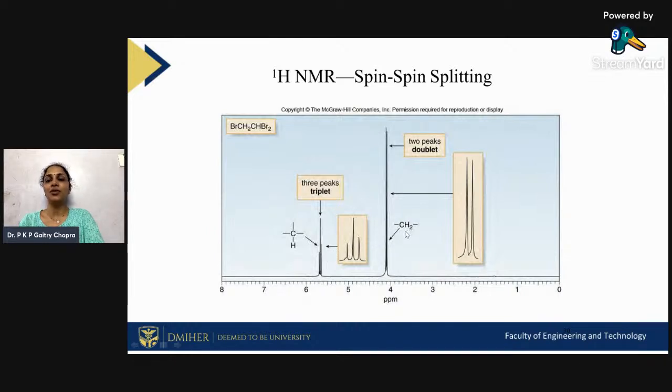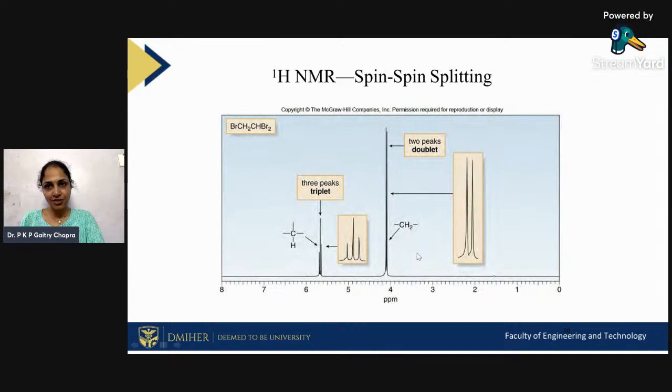We have two equivalent protons, the H2 protons. The splitting is n plus 1, where n represents the number of neighboring equivalent protons. So n becomes 2 plus 1. That means that signal will be split into 3. It will be split into a triplet.